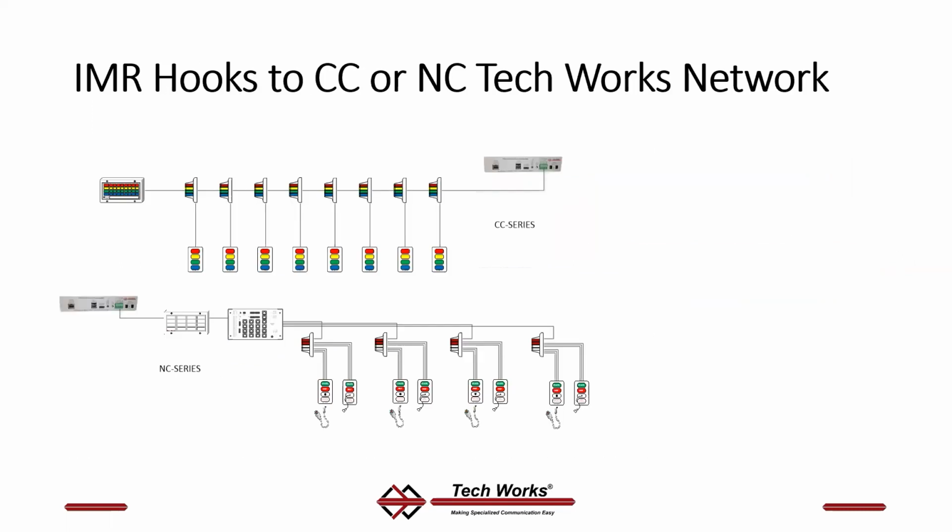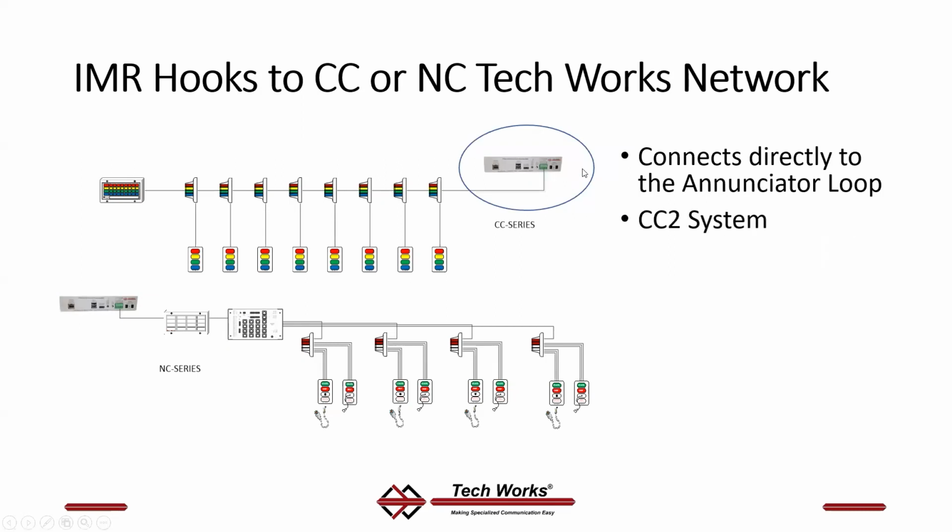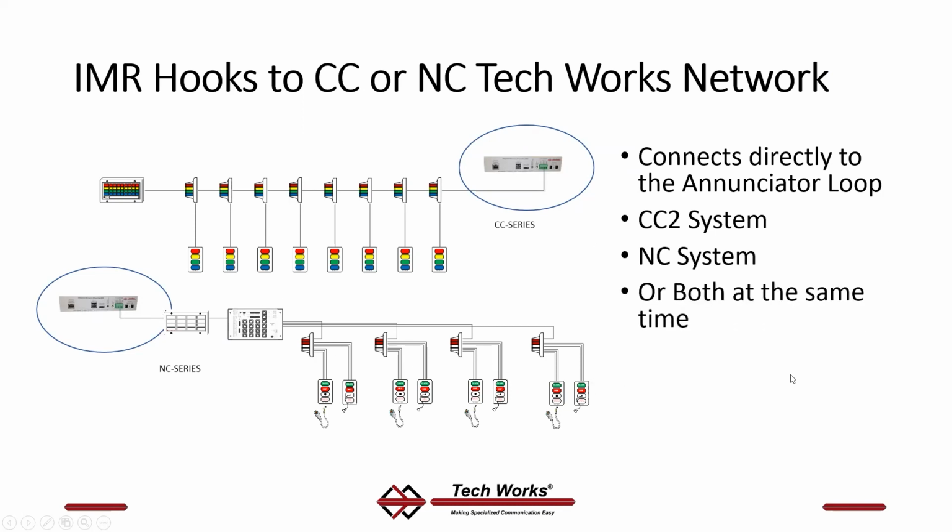Let's talk about connecting to CC and NC. All you do is connect to the data loop of a CC system. There's your IMR. If you're on an NC system, you connect to the annunciator loop. That's the same two twisted pair data network on NC. Or you can connect to both.